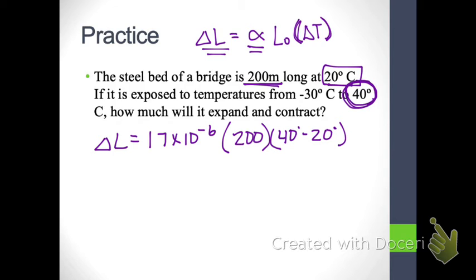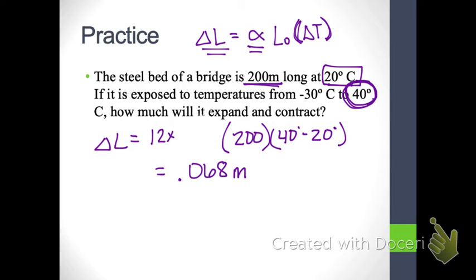Go ahead and grab your calculator out, please. So I got 0.068 meters. Okay, I want to change our coefficient here for regular steel, not stainless steel like our table says.